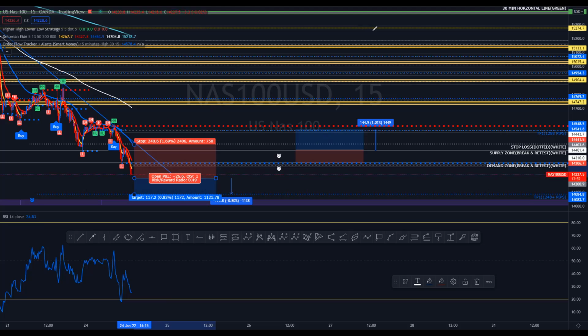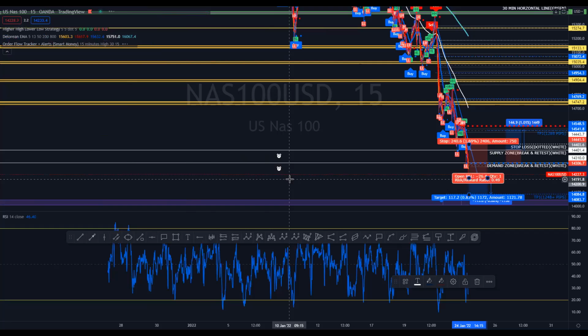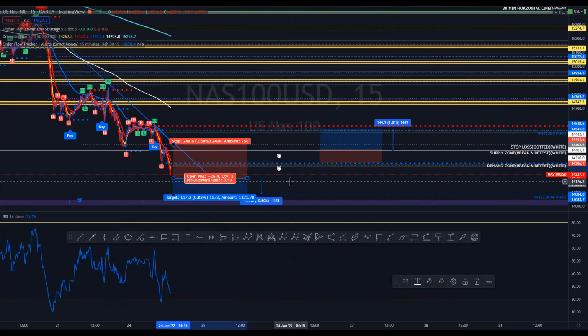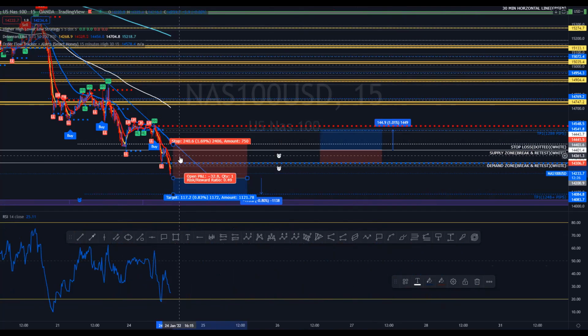So what I'm going to do is, looking at this, if I look at the past, there's a lot of imbalance they have to fill here. So I'm kind of looking for a buy. So price pushes up and then it pushes past this point and goes up, then that's what I'm kind of looking for.